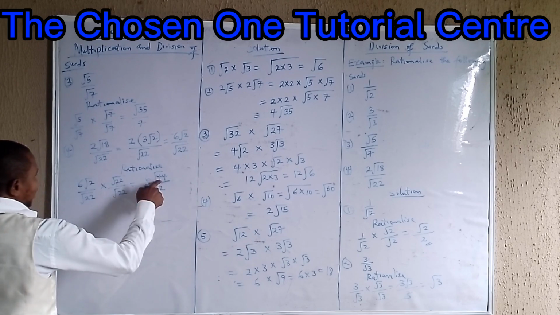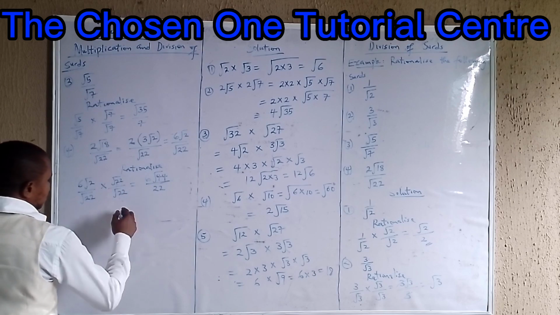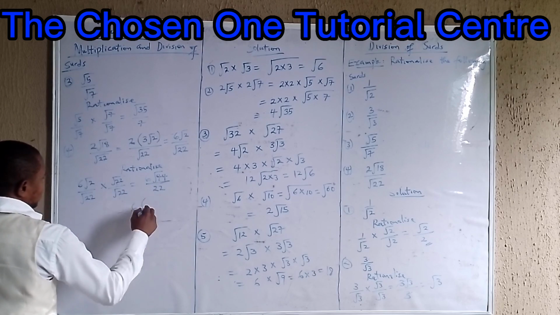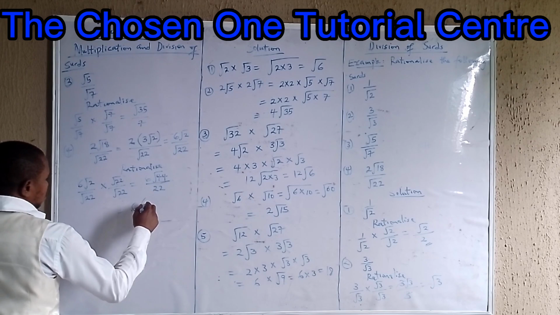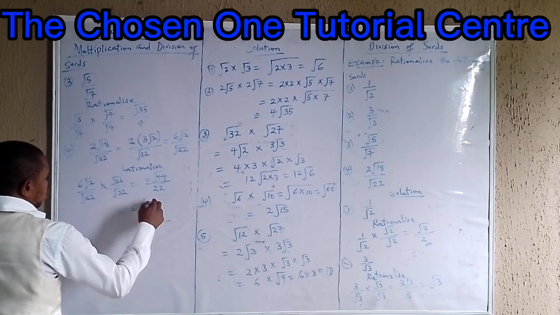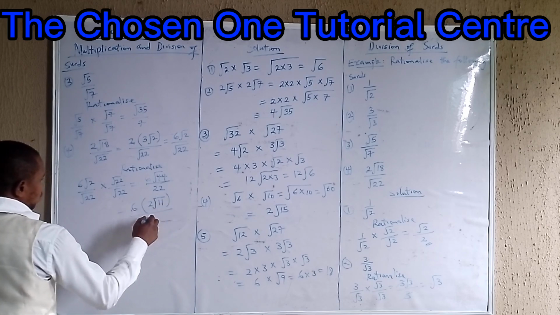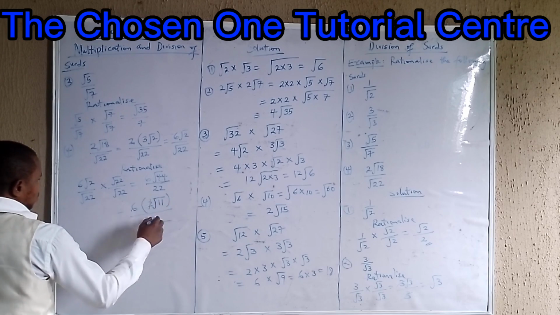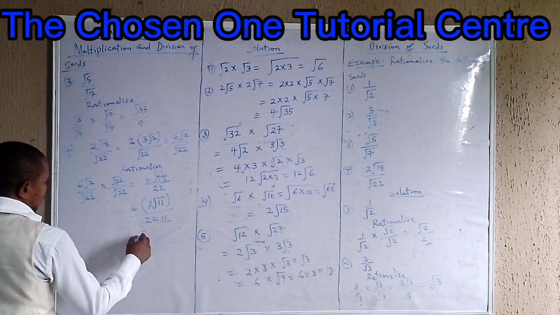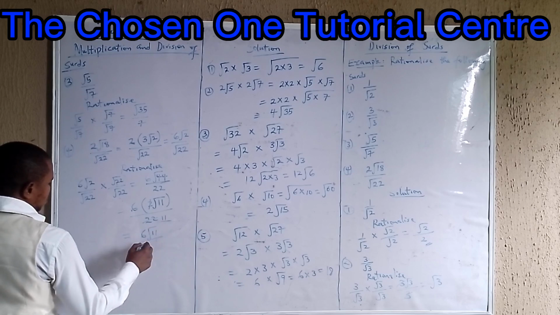And don't forget that this root 44 could be expressed in a basic form, 2 root 11 over 22. So we are going to reduce this 2 here 1, 22 here 11. So our answer will be 6 root 11 over 11.